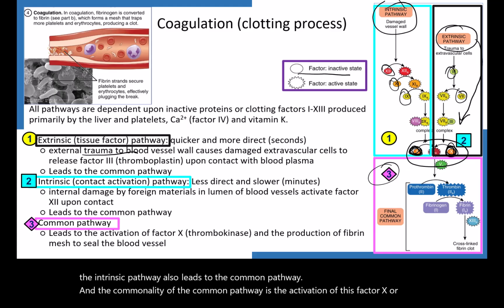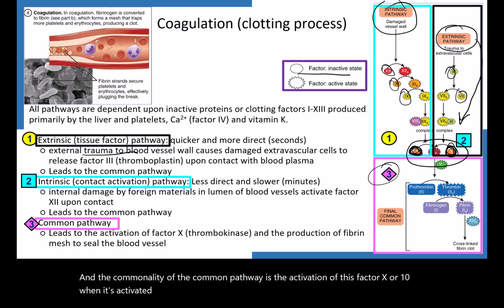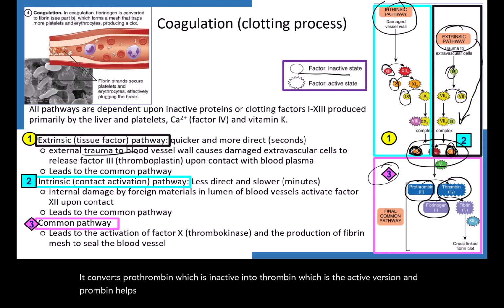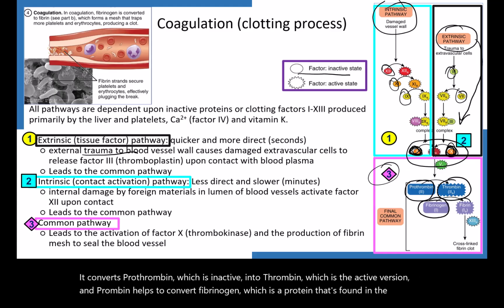When factor X is activated, it converts prothrombin, which is inactive, into thrombin, which is the active version. Thrombin helps to convert fibrinogen, a protein found in the blood, into fibrin.